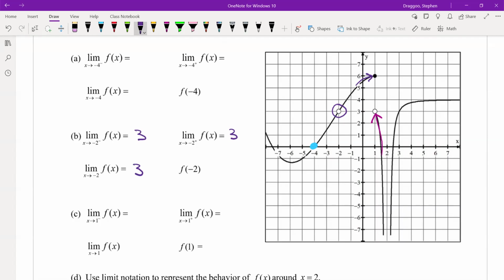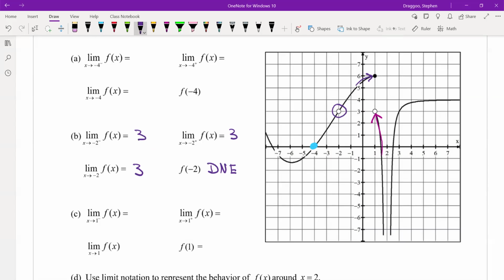However, the function value itself does not exist because there's a hole if x is equal to -2. So I can't plug in -2, so instead I need to use the limit to talk about the point, and that's our main motivation for why we're even looking at these limits in the first place. Can't plug in the number that I really want to have, so I'm going to pretend I can and see what the graph is telling me to do.